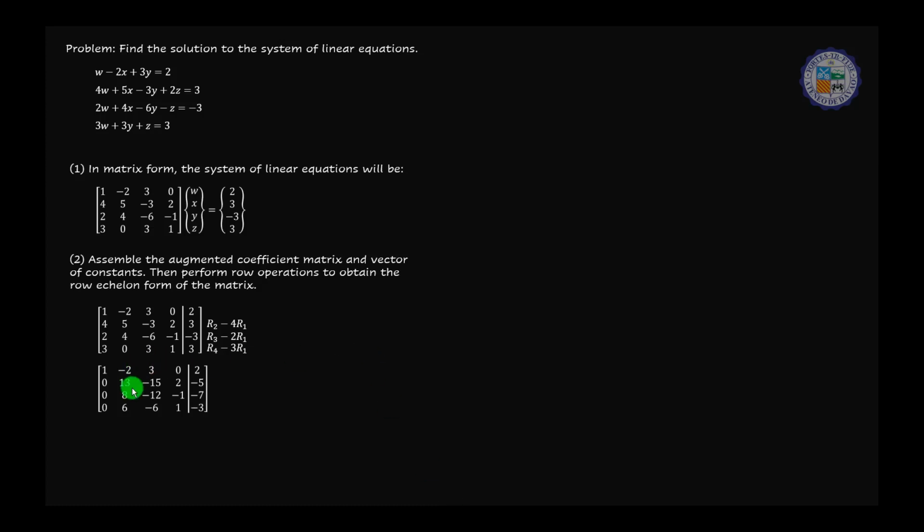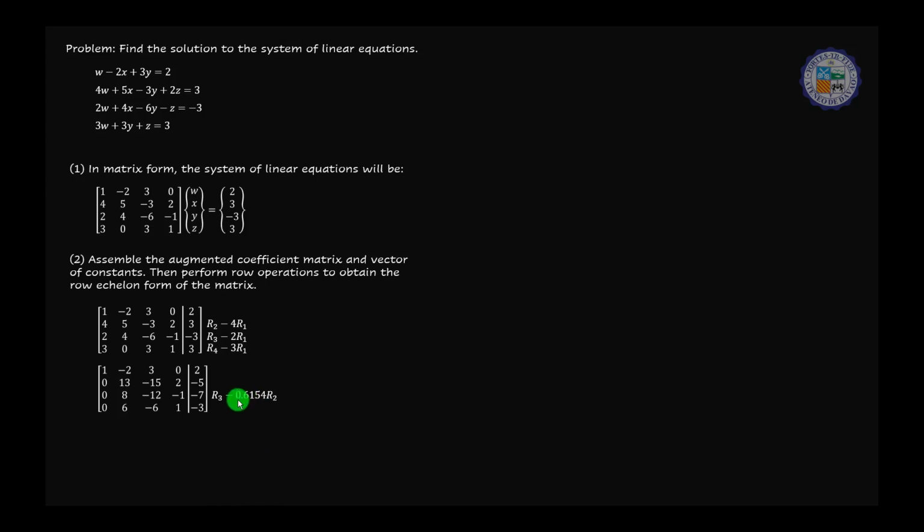Next, let's convert the numbers 8 and 6 to 0. Same as before, we have to perform row operations. Let's use decimals instead of fractions, although using fractions is more accurate than using decimals. For the third row, we have row 3 minus 0.6154 of row 2.